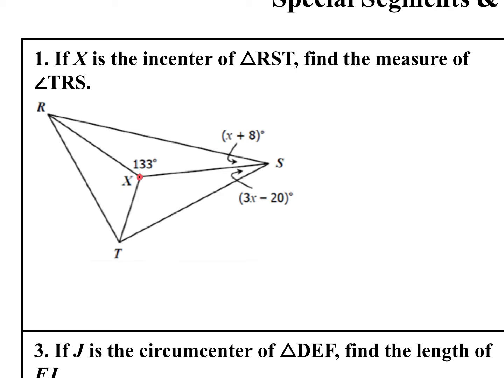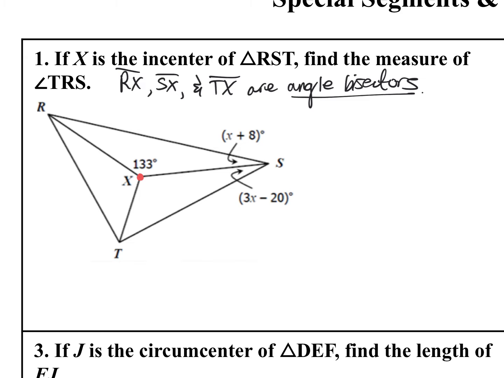So we are given that point X is the incenter. Therefore, that lets us conclude that RX, SX, and TX are angle bisectors. And we know they're angle bisectors because angle bisectors are the ones that construct the incenter of a triangle.